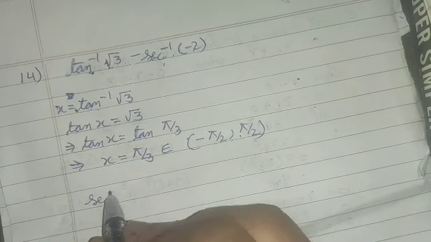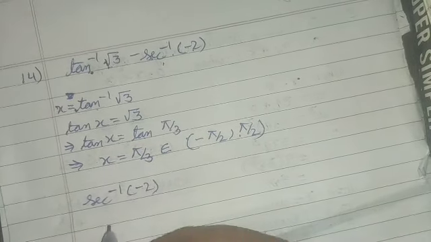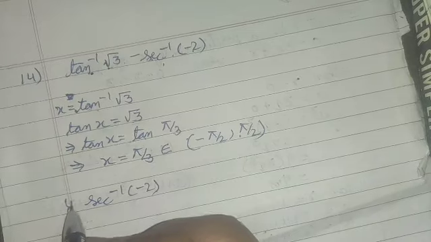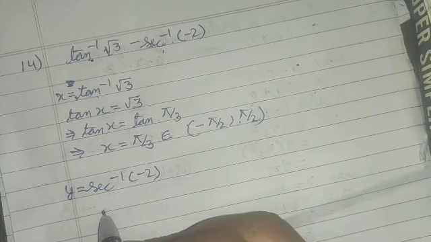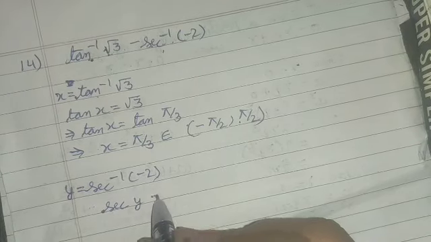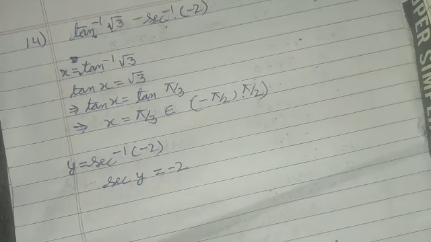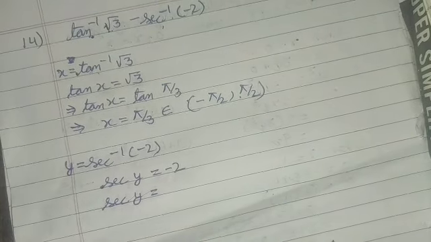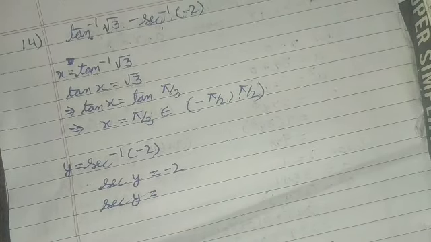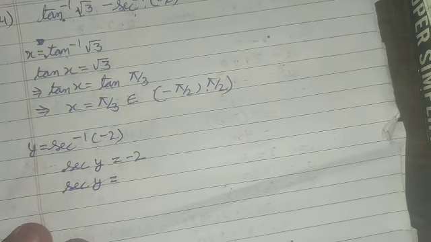Now again for sec inverse minus 2, I am taking it as y. Let y equal to sec inverse minus 2. So sec y will be equal to minus 2. Now the value of sec 60 is 2. So sec 60 means sec pi by 3.